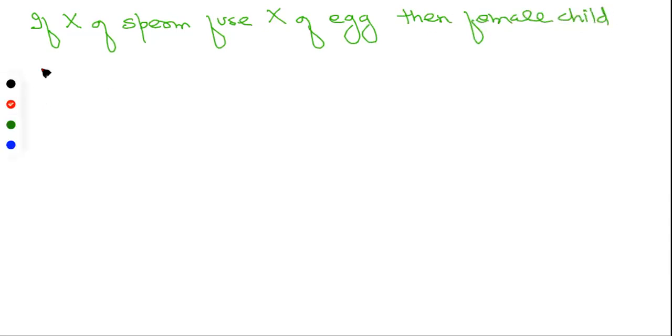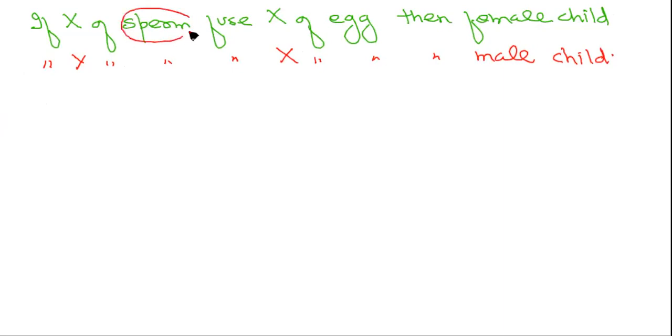And opposite to this, if Y of sperm fuses with X of egg, then male child. So it totally depends on the type of sperm which fuses with the egg.